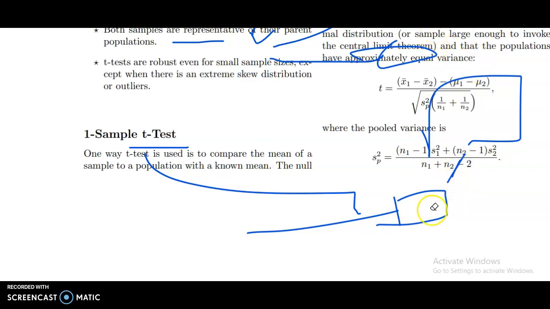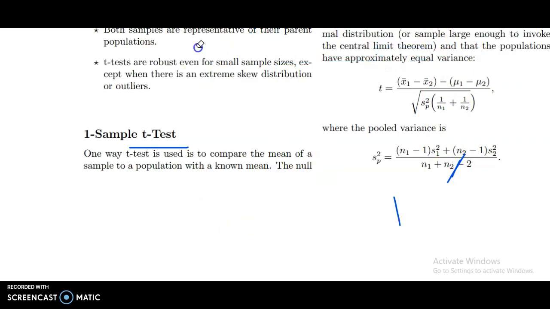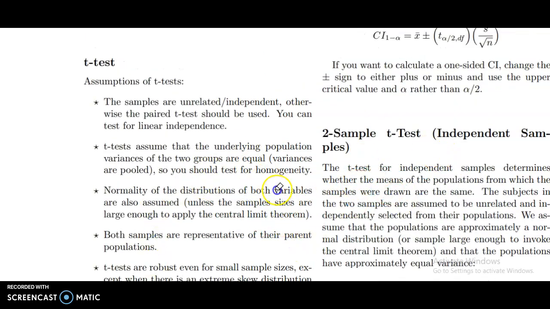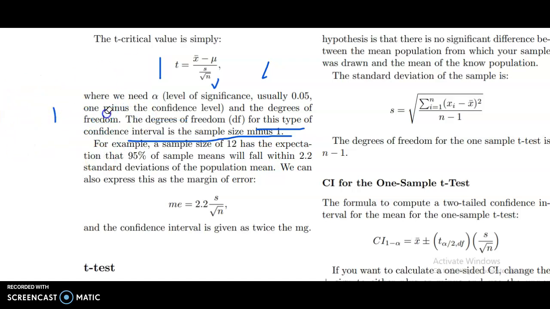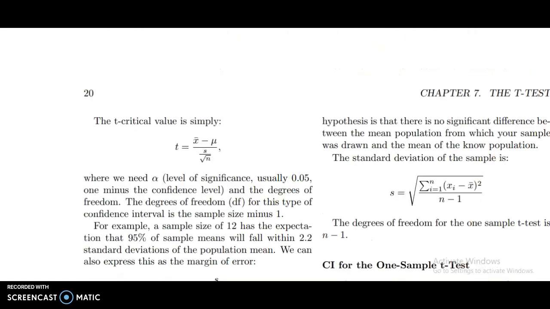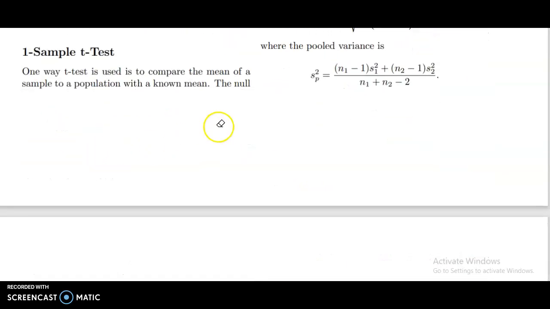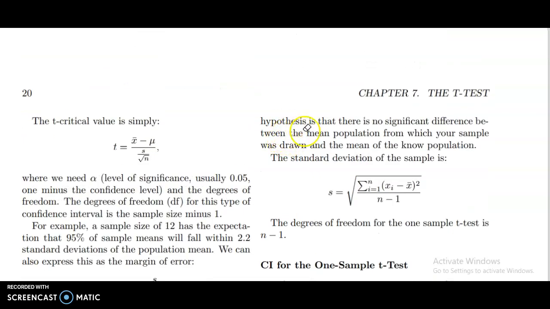The null hypothesis is that there is no significant difference between the mean of the population from which the sample was drawn and the mean of the known population.